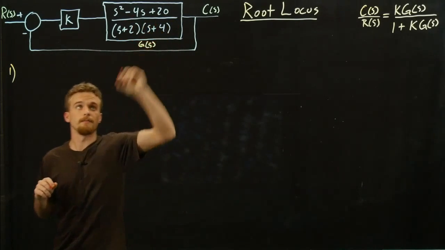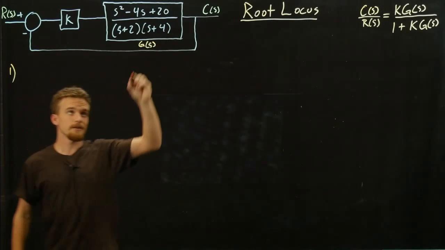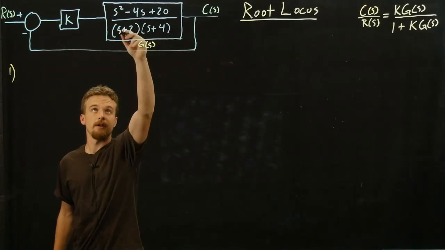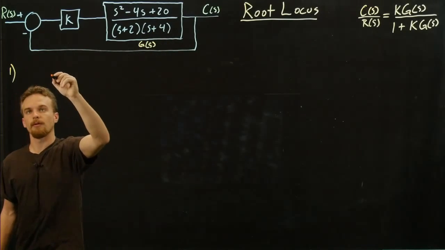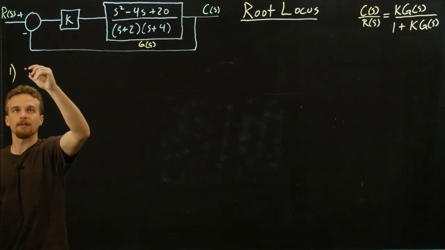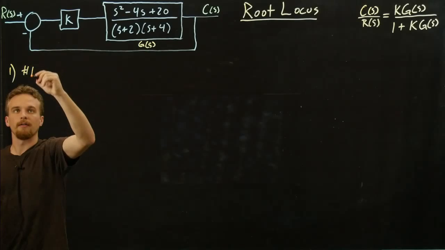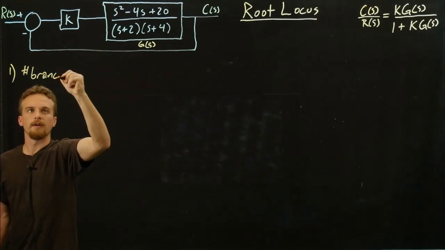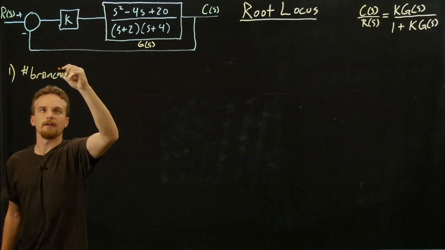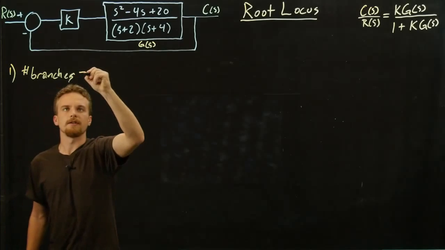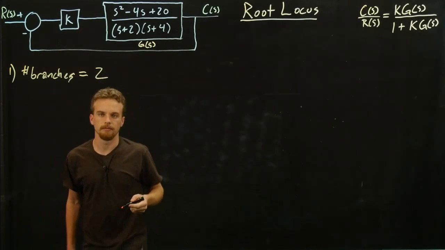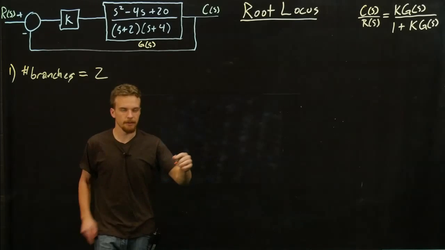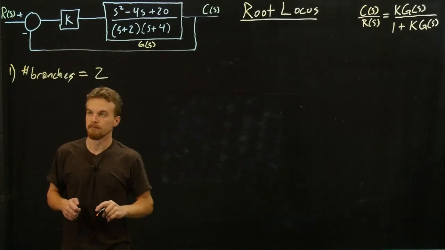This plant here. How many poles do we have in g of s? We have s equals -2 would be a pole, s equals -4 would be a pole. There's 2 poles, so the number of branches in our root locus is going to equal 2. So in what we sketch in a little bit, we'd expect to see 2 separate paths.